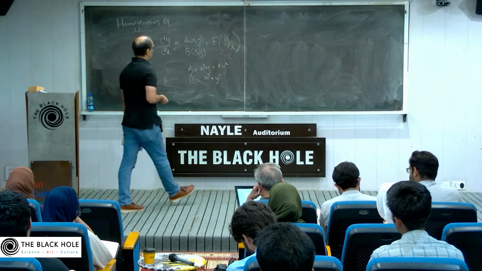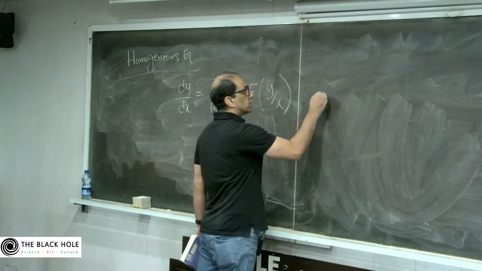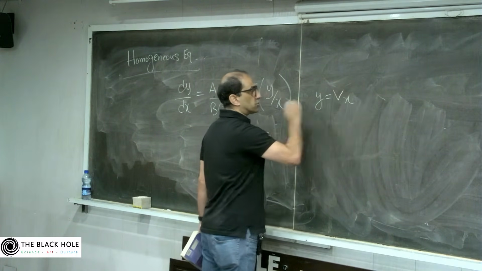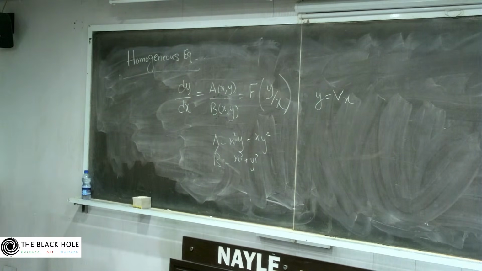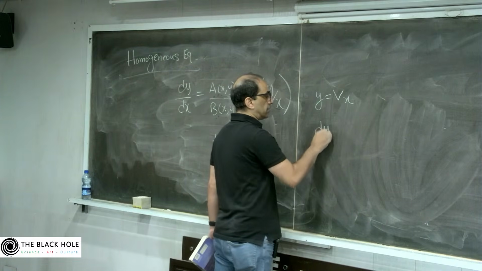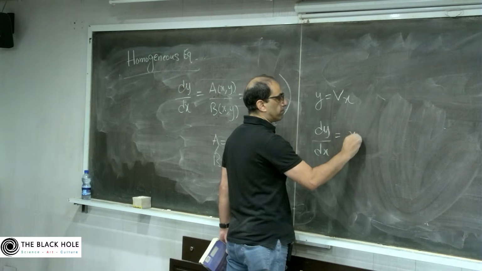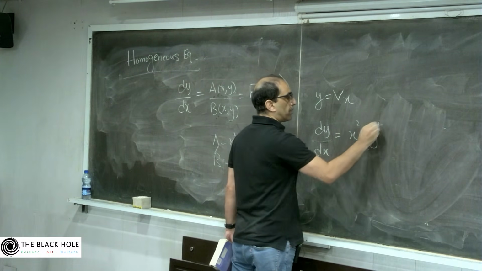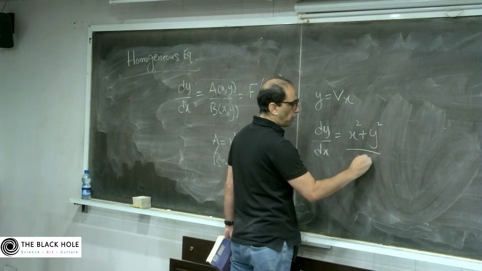Okay? If that is so, then all that you need to do is make this substitution, and once you make this, अच्छा अब देखिए आप, this is the sort of stuff that we were talking about earlier, that you have some x square plus y square over xy.